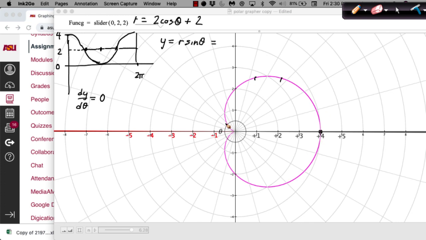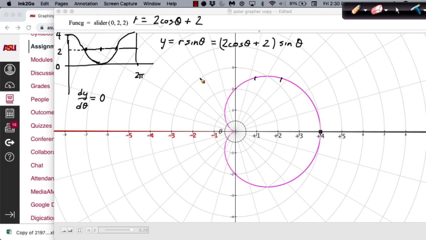And what is true about r on this curve? r equals what? 2 cosine theta plus 2 is what r is on that curve. So for this curve, here's y as a function of theta. It's the r function times sine theta.